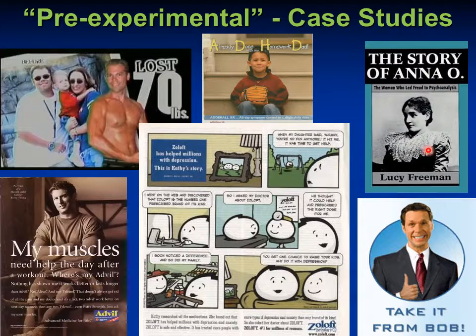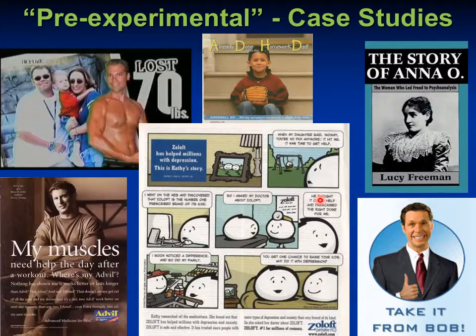On the top right here, we have one of the most famous case studies of all time, Freud's Anna O. Anna O was diagnosed with so-called hysteria that was apparently cured by Freud's talking therapy. That was the genesis of Freudian analysis. Down here on the bottom of the slide from right to left, we have Bob of Enzyte male enhancement fame.